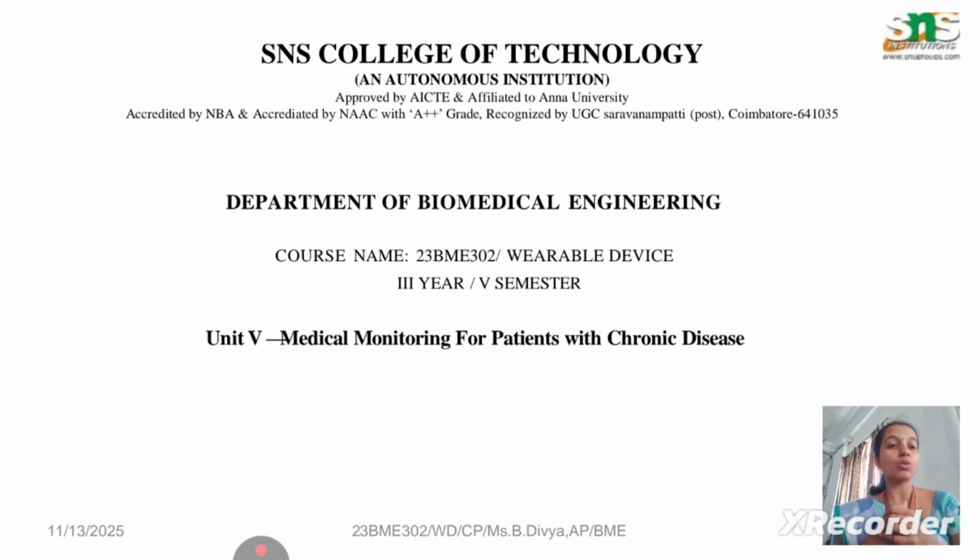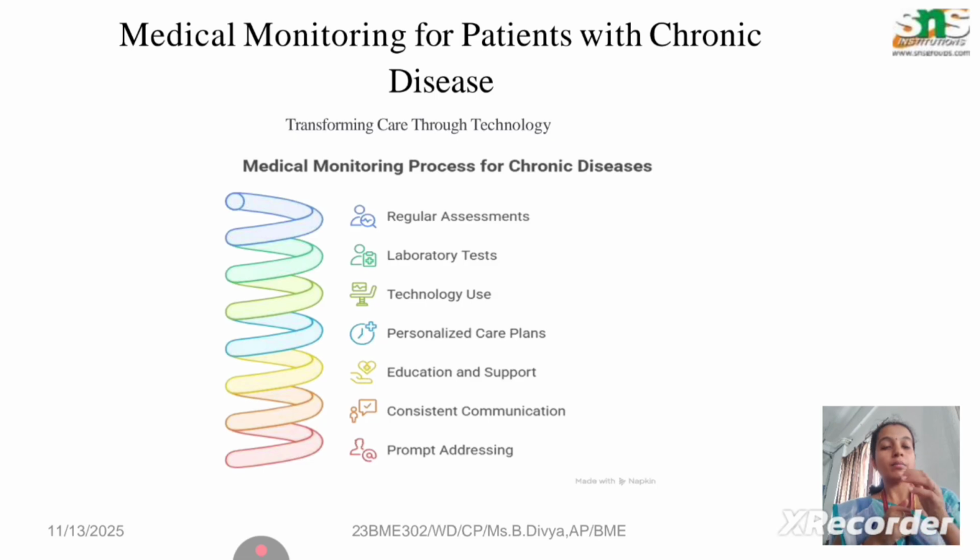How are we going to monitor them? Here is the process of how chronic disease patients are monitored. First, we are going to do a regular assessment: what the patient needs.